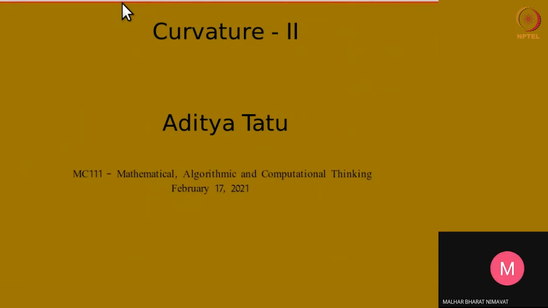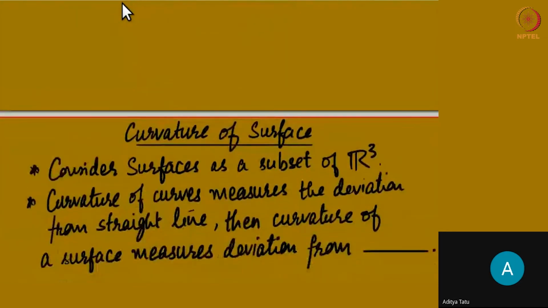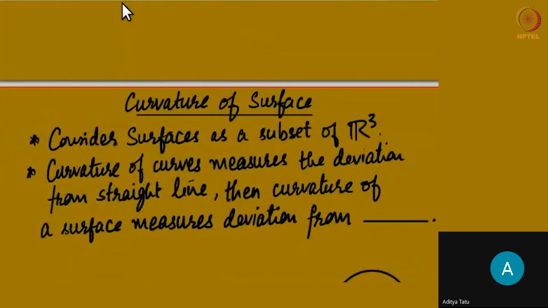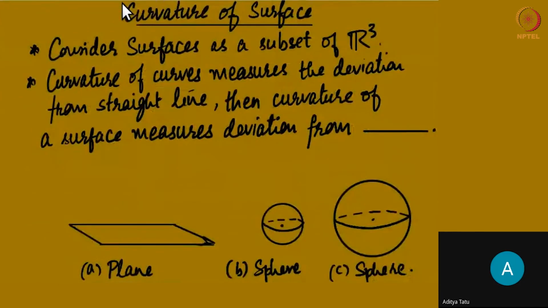So the second part of what I want to do is, we have discussed curvature of curves in a plane. Now, of course, extend what we have been discussing to curvature of surfaces. To begin with, for now, let's assume we are talking of surfaces of our day-to-day objects.